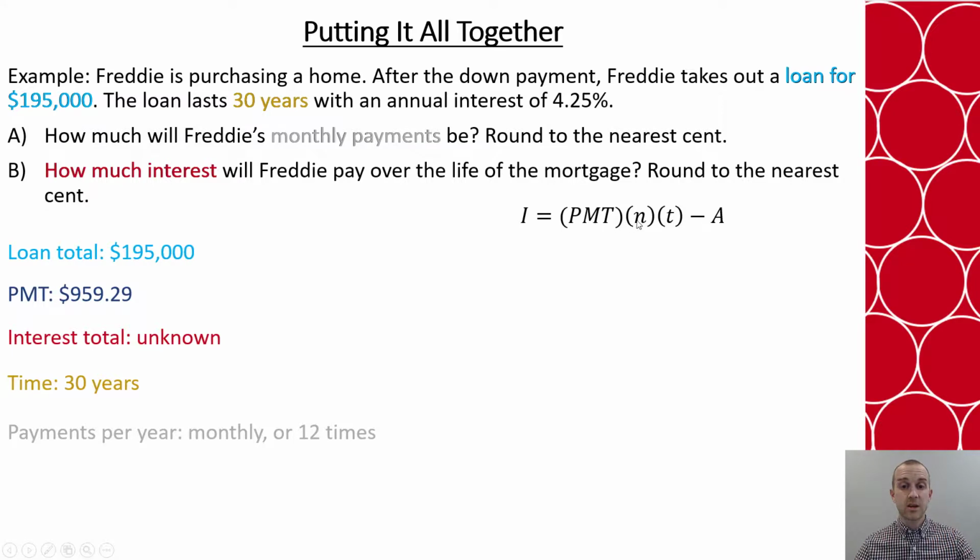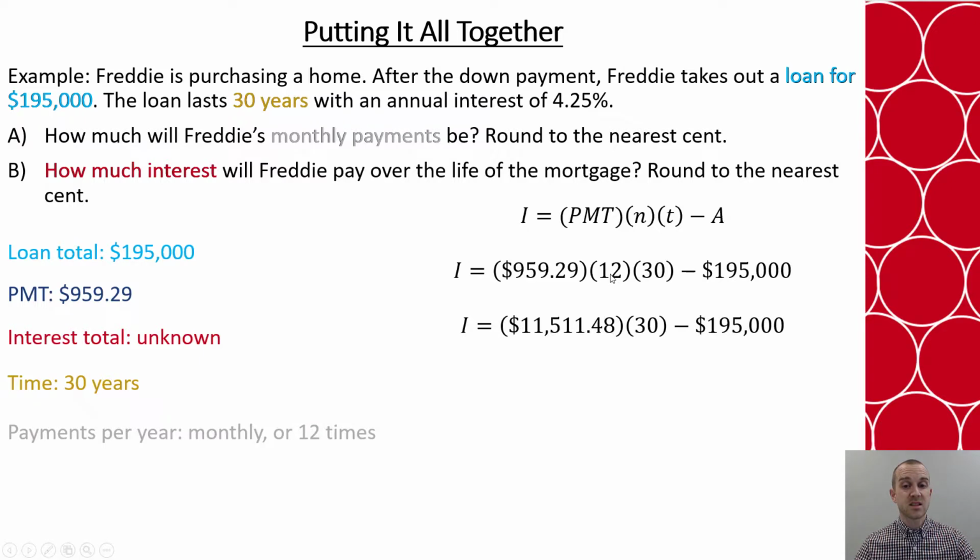We're going to take our payment times how many times a year times the total number of years and subtract the initial amount. So $959.29 times 12 will give me $11,511.48. Multiply that by 30. Now look how much that becomes: $345,344.40.